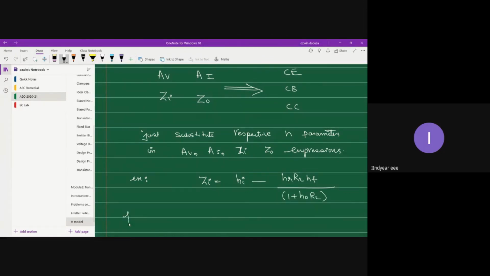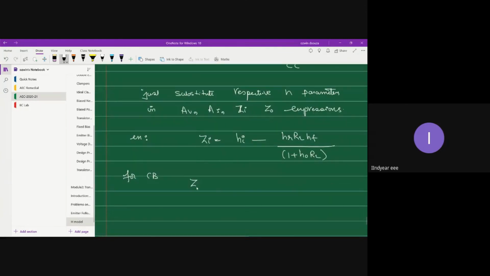For the common base configuration, this Zi becomes Hib minus, in place of Hr you have Hrb, in place of Hf you have Hfb, RL remains RL, divided by 1 plus H0 becomes Hob into RL.